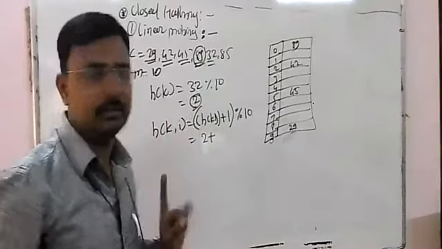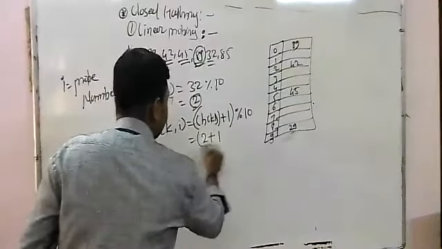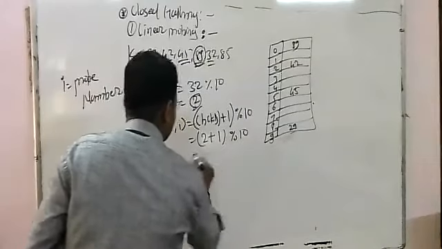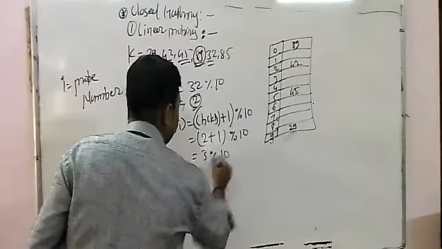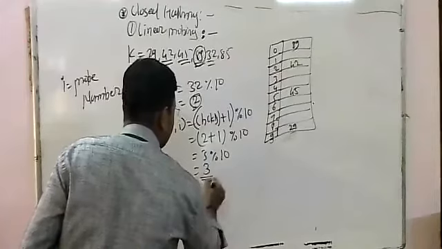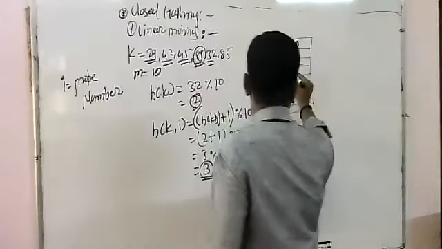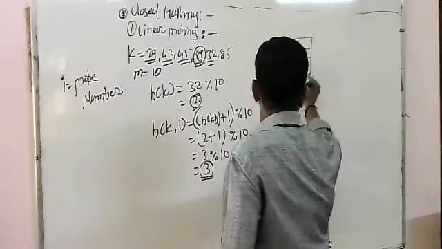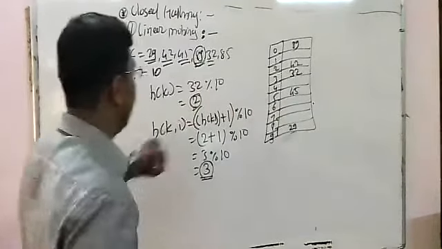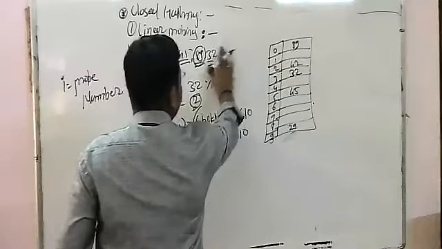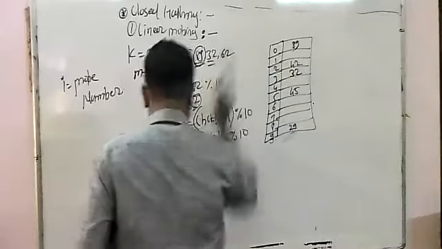One time only. Okay, 2 plus 1 mod 10, 3 mod 10 is equal to 3. Means this 32 is stored at 3. Okay, now suppose instead I will take another number as 62.